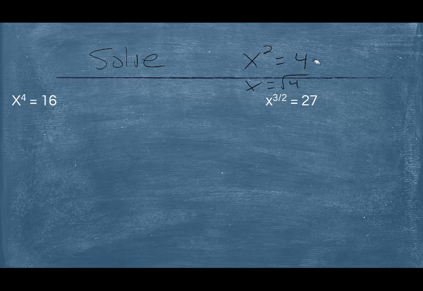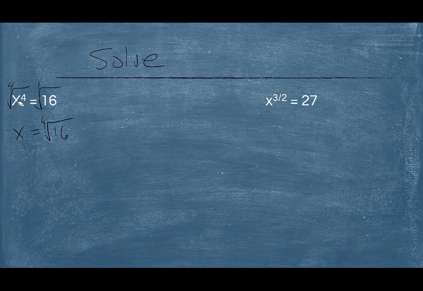We use that one all the time, the whole squared to square root, but it works with any of these fraction exponents or rational exponents. So if I want to move that over with the 16, I take the fourth root of both sides. So I'm going the fourth root of 16.